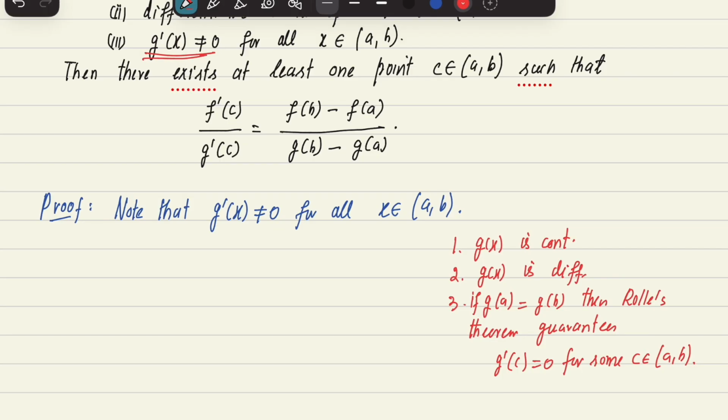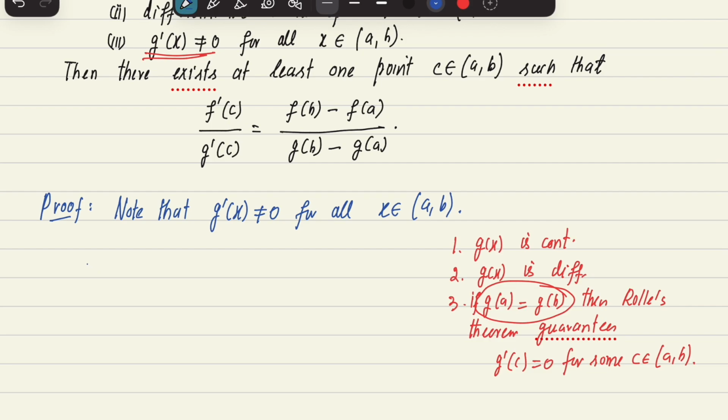Therefore the third condition of Rolle's theorem cannot be true for the function g of x, because otherwise we will definitely have a point c belonging to the open interval a b such that g dash of c is equal to 0. But that is already excluded from the statement of the Cauchy's mean value theorem.